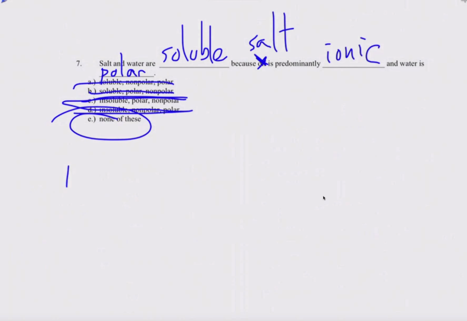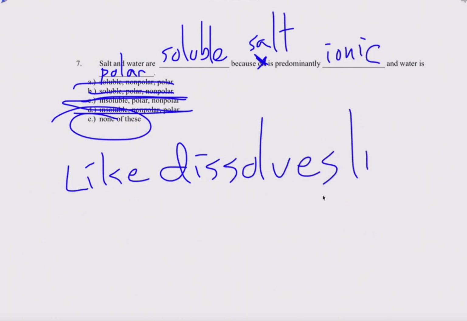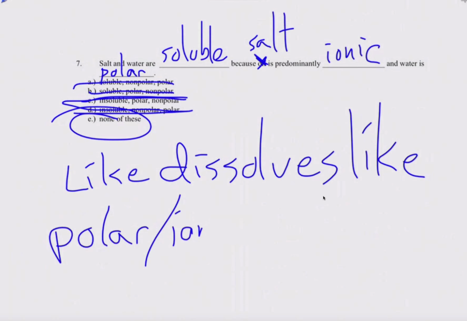But the saying again is like dissolves like, which means polar and ionic substances will dissolve in polar solvents like water. Water is very polar. Salt is very ionic.